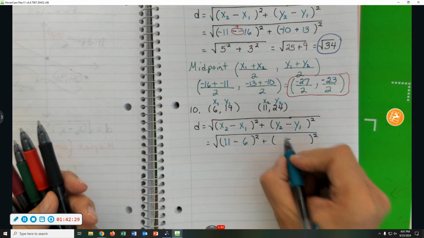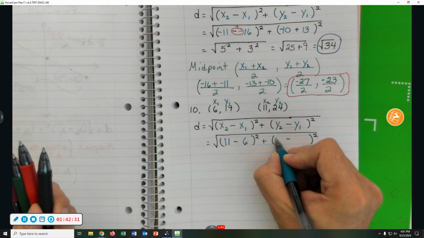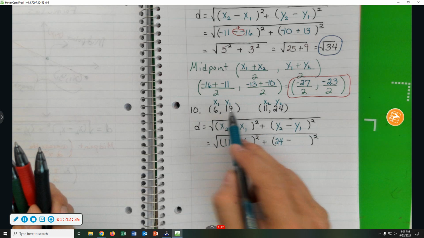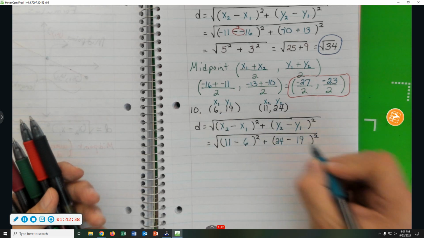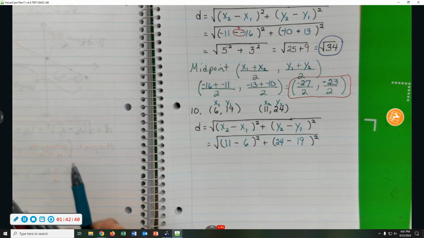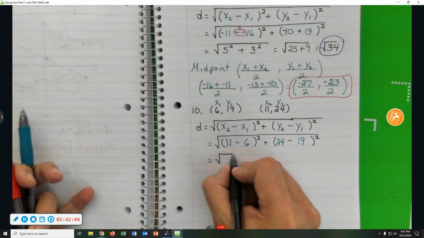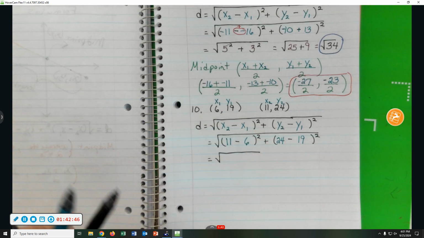And over here, what am I going to put? 24 minus 19. 11 minus 6, that's a 5.